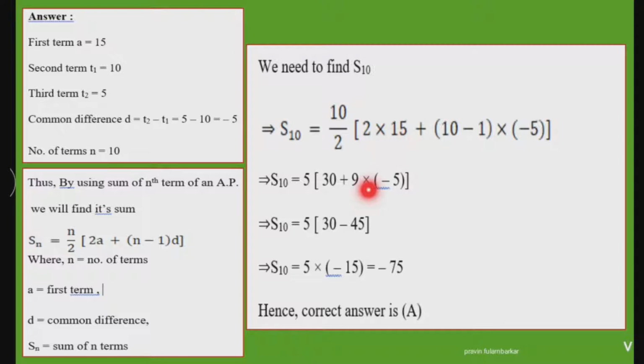So 2 into 15 we get 30, 10 minus 1 we get plus 9, and this minus 5 as it is. So 9 into minus 5 we get minus 45. So 30 minus 45 we get minus 15. So 5 into minus 15 we get minus 75. Hence correct option is A. Value of S10 equals minus 75.